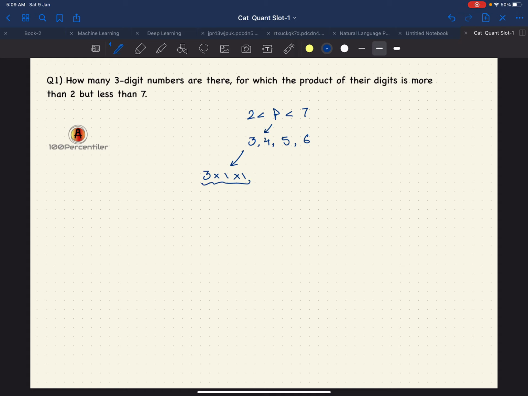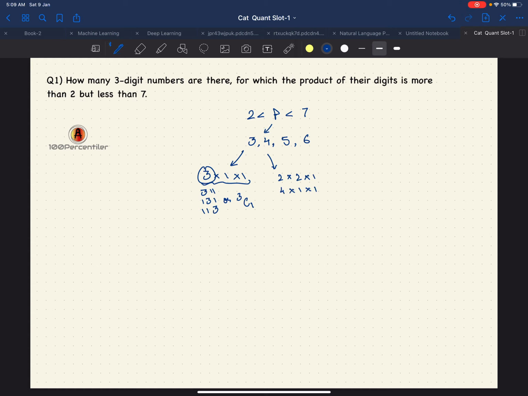Now, using this 3, 1, 1, we can have 3 possible numbers: 311, 131 or 113. Or there are 3C1 ways to choose one of the 3 positions which will contain the digit 3. Now 4 can be written as 2 cross 2 cross 1 or 4 cross 1 cross 1.